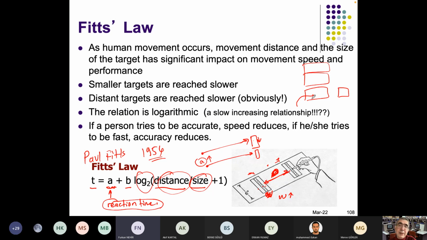Also, frequently used items should be placed on top of the menu, because at the beginning you are at the top of the menu and you will pull down the menu. If it's a pull down menu, the road you should travel becomes longer for the elements at the bottom. So frequently used items should be put at the top so that it takes less time and fewer errors are made.